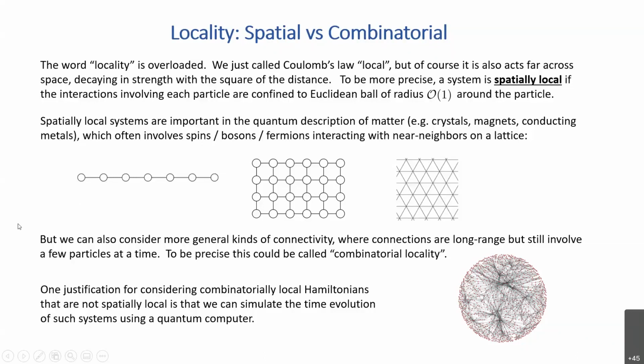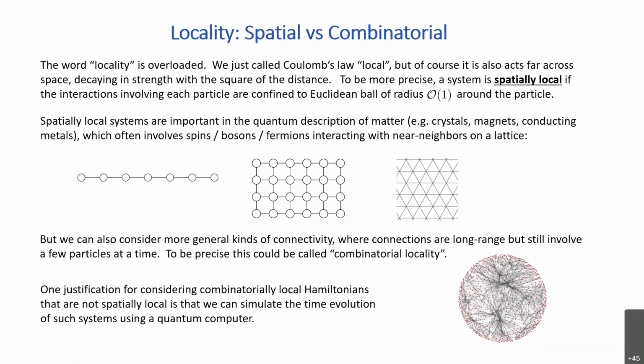But we can also consider these more general kinds of connectivity where the interactions are long range across space, but still involve only a few particles at a time. And so here's a graph where the red dots are vertices and the black lines represent interactions. And as you can see, these interactions wouldn't embed in some low dimensional space, and yet this Hamiltonian is still what we call k-local.